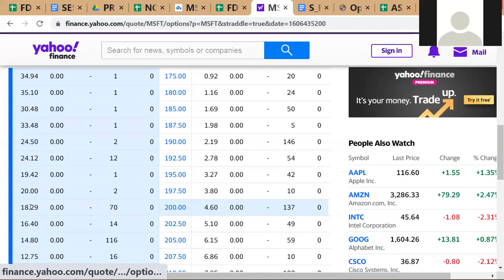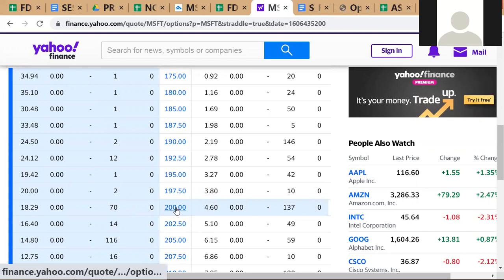So you could buy the call option at 1829, and then you might find after one day that the price of the call option itself is now 35.2. So the profit has gone from 18.29 per share to 35.2 per share. You could suddenly get excited: okay, great, this is a great amount of profit, let me book my profit. So you can book your profit by selling the option.